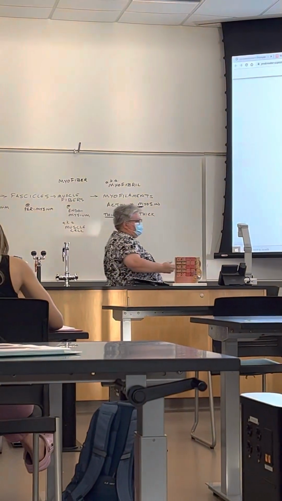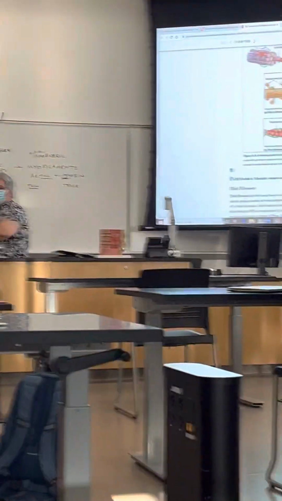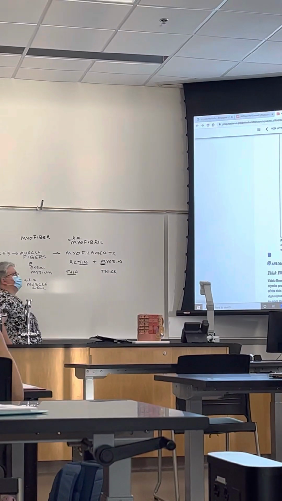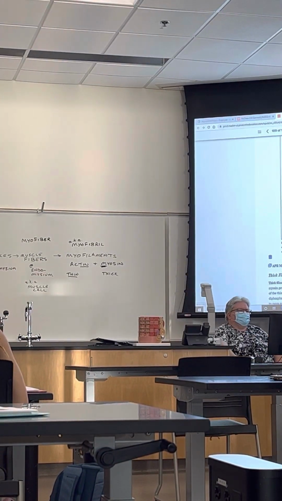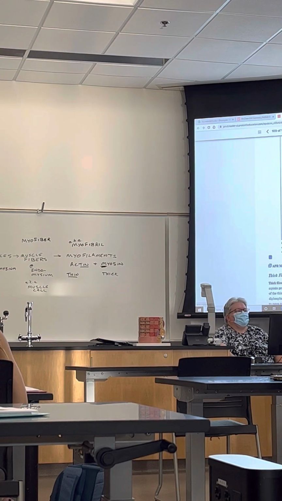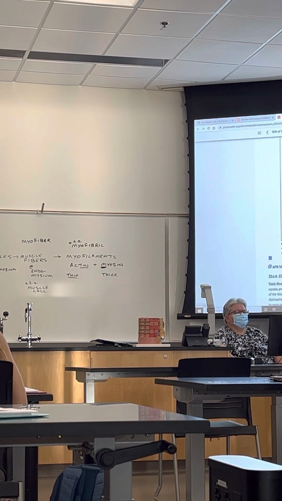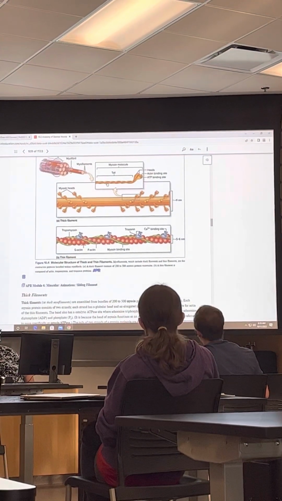Myosin, the protein filaments that make up myosin look like a golf club. Okay, they look like a golf club. So, two golf clubs intertwined, no less. So we have our myosin head here, and we have our myosin tail.